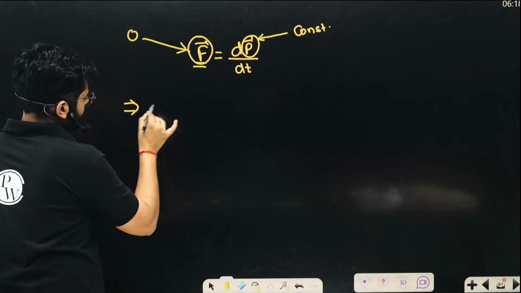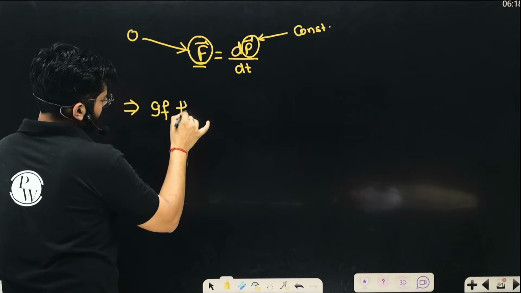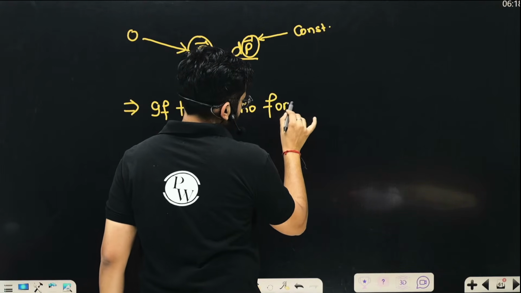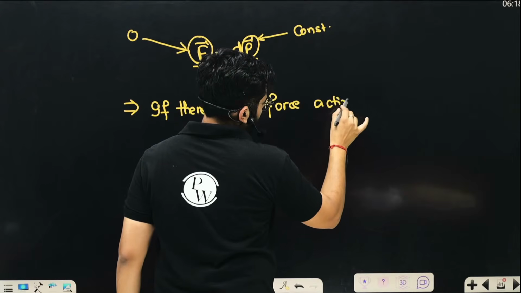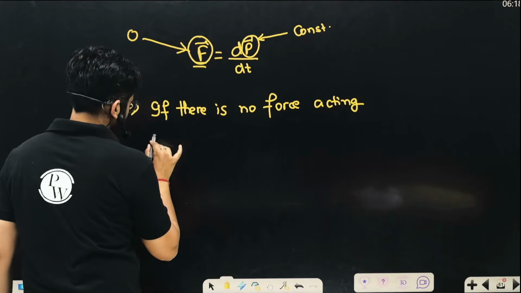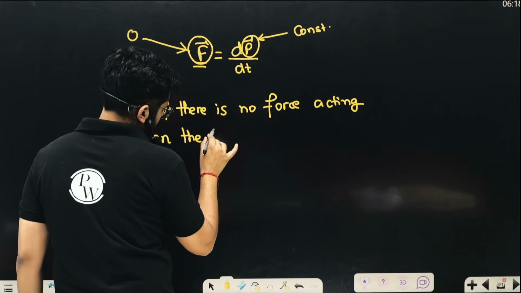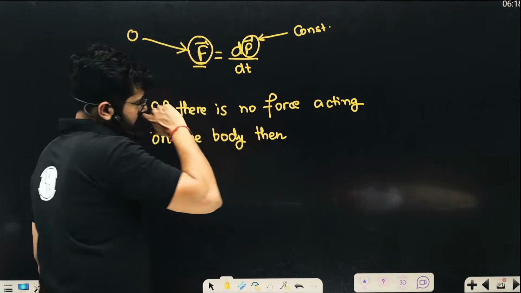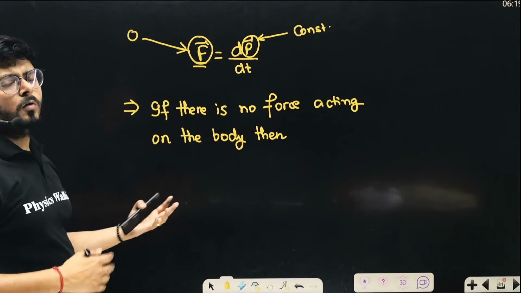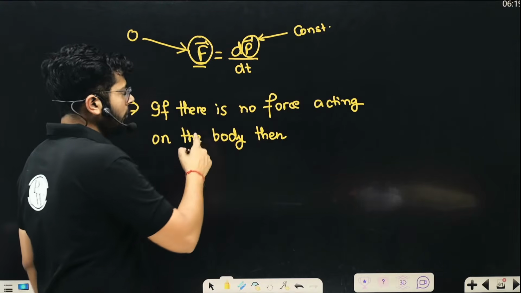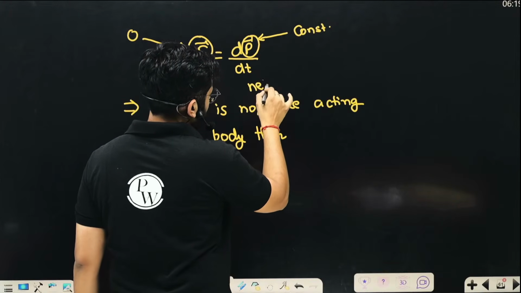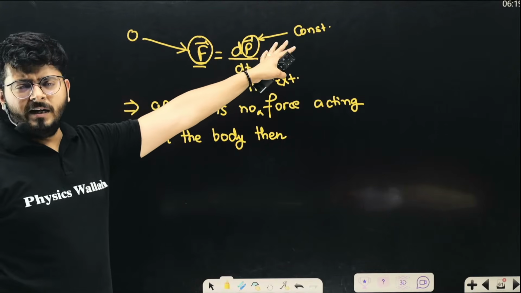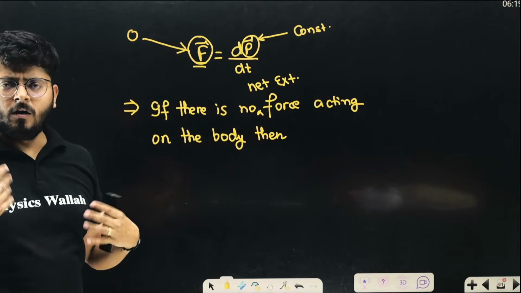So we can say that if there is no force acting on the body, or you can say no net external force is acting on the body, that means the momentum of the body is constant, conserved, not changing, right?